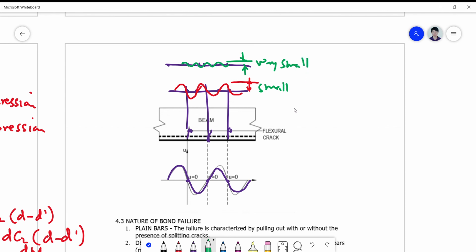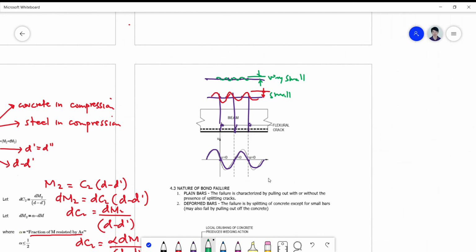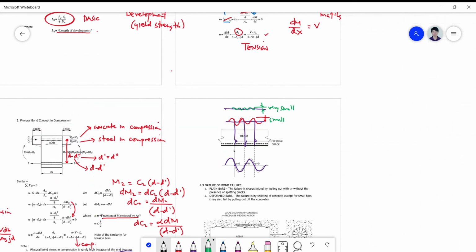So that explains the two formulas we need to remember if we want to get the length of development or the flexural bond stresses for tension and compression.